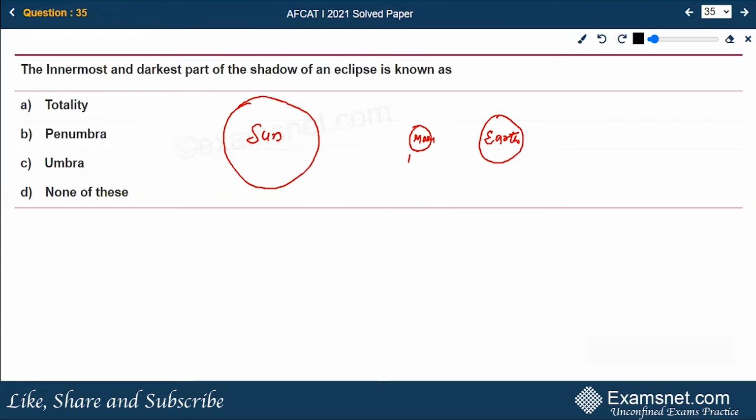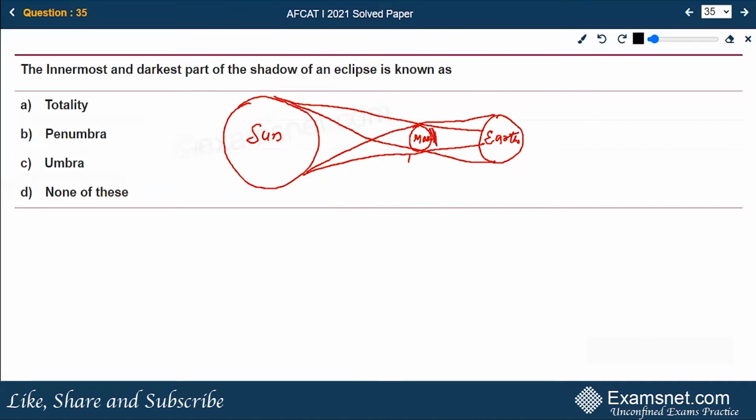When the moon comes between the earth and the sun, what happens? It blocks some of the light falling on the earth. So something like this. And over here, the rays also go like this.